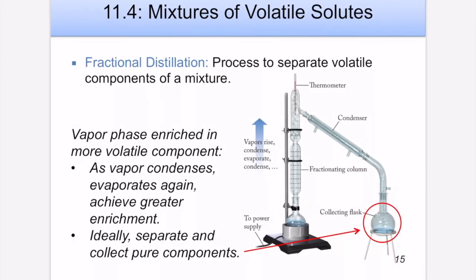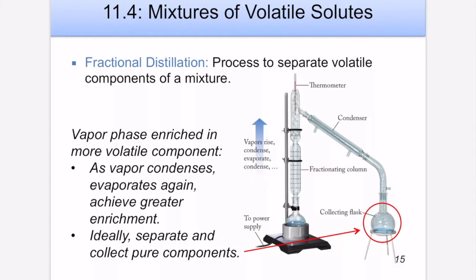But that example is going to be more in relation to mixtures of volatile solutes. So in this case, we're going to be talking about a mixture of, say, water and ethanol, where both ethanol and water can evaporate. Now, what we can do with solutions composed of two volatile components, or more than two, is to take advantage of the fact that each of the different solutes have different vapor pressures.